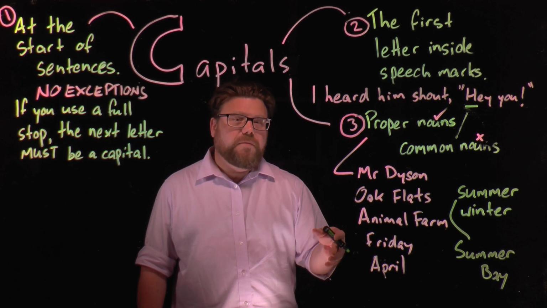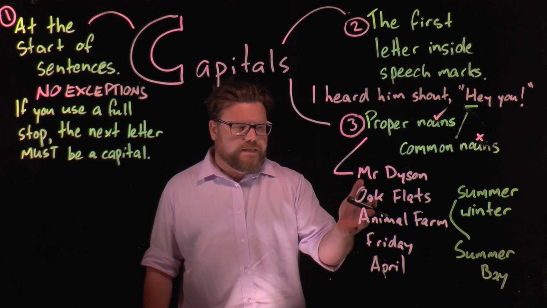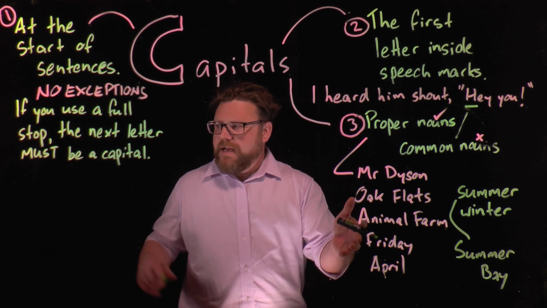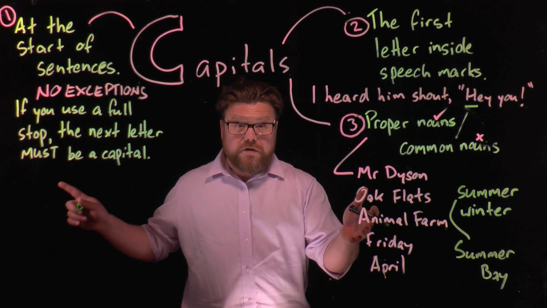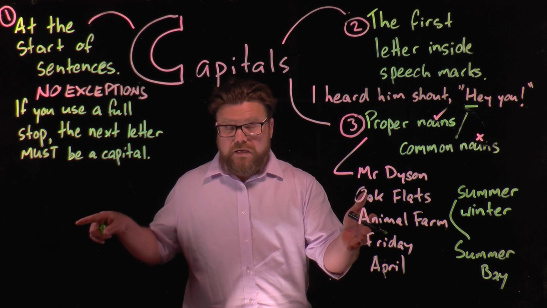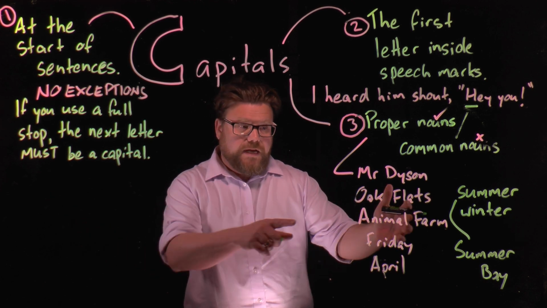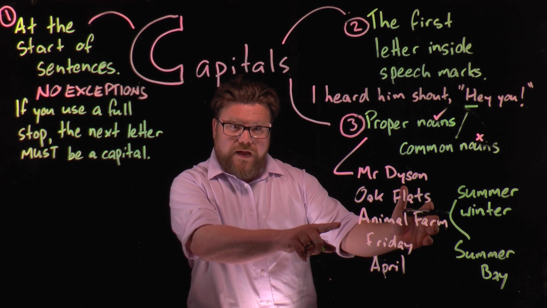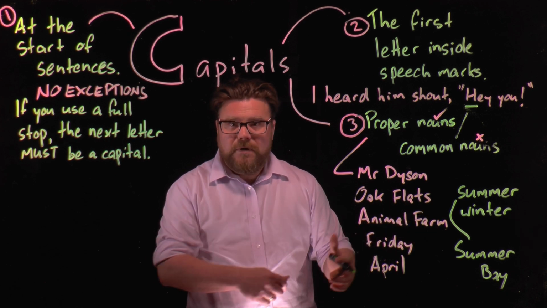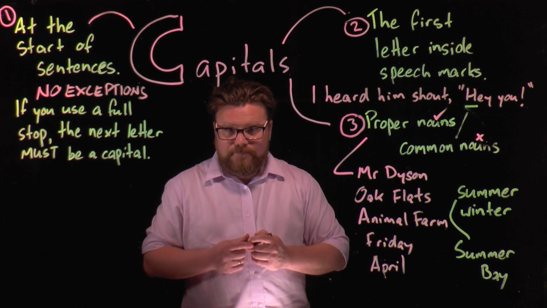And that's a rule that you can apply to all common nouns. For example, to say that's an animal over there is using animal as a common noun and there would be no capital. But as part of the proper noun and title Animal Farm, it now takes a capital.